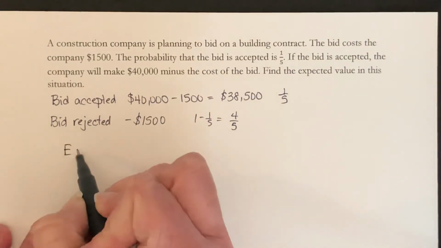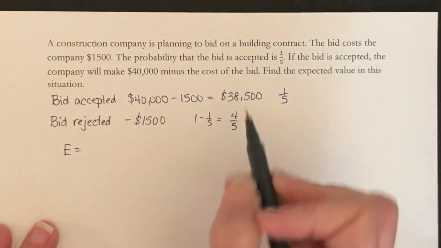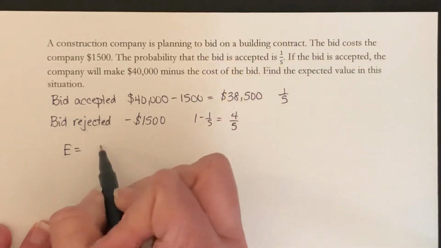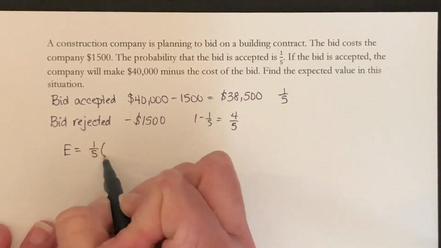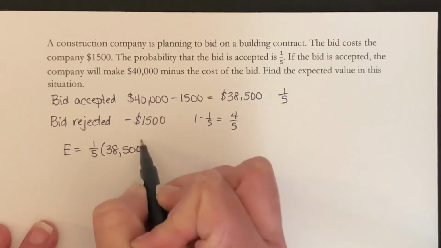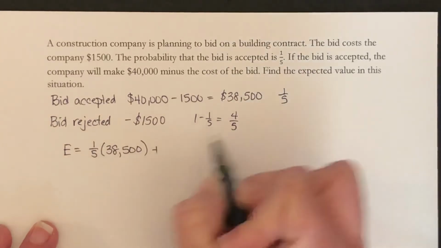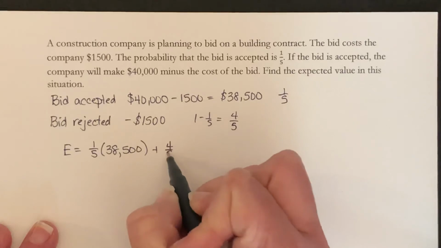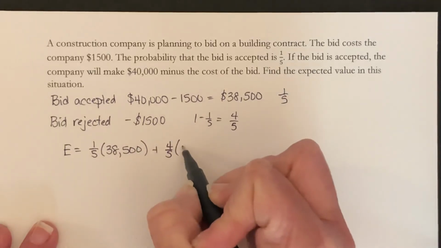So the expected value would be 38,500 times 1/5, plus 4/5 times negative 1,500.